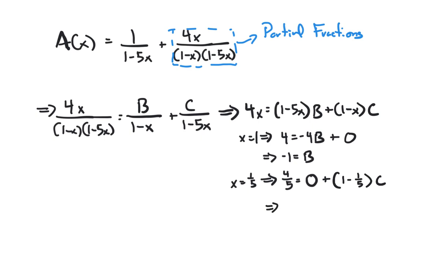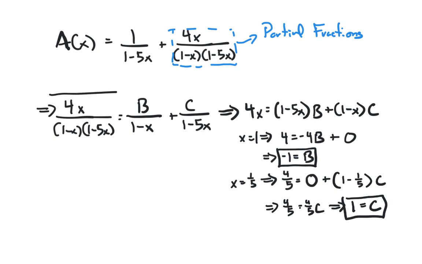So you can see here we get 4 fifths equals 4 fifths c, which tells me that 1 equals c. So we have b and we have c.